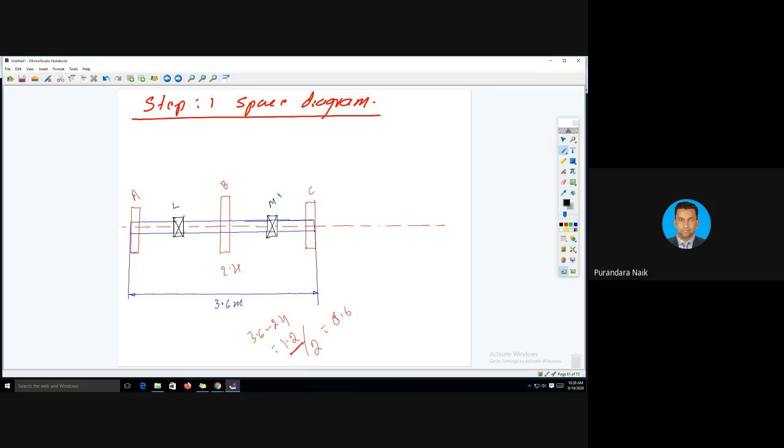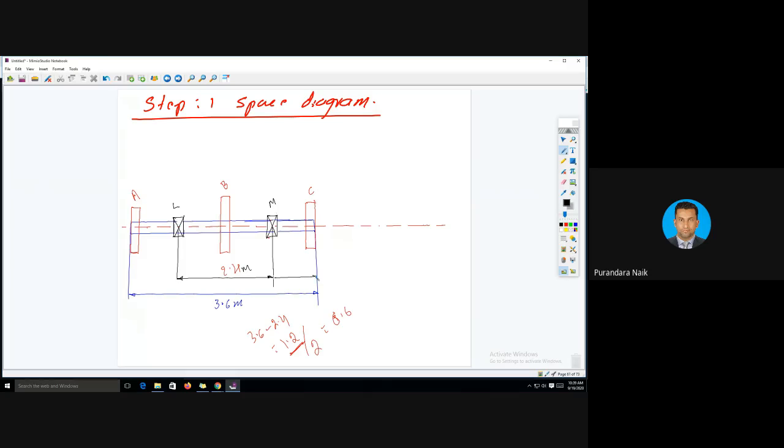Now, what is the distance between the bearings? The distance between the bearings is 2.4 meter, right? Yeah, it is meter. And if it is 2.4 at the center, we'll have two equal overhangs on either side.